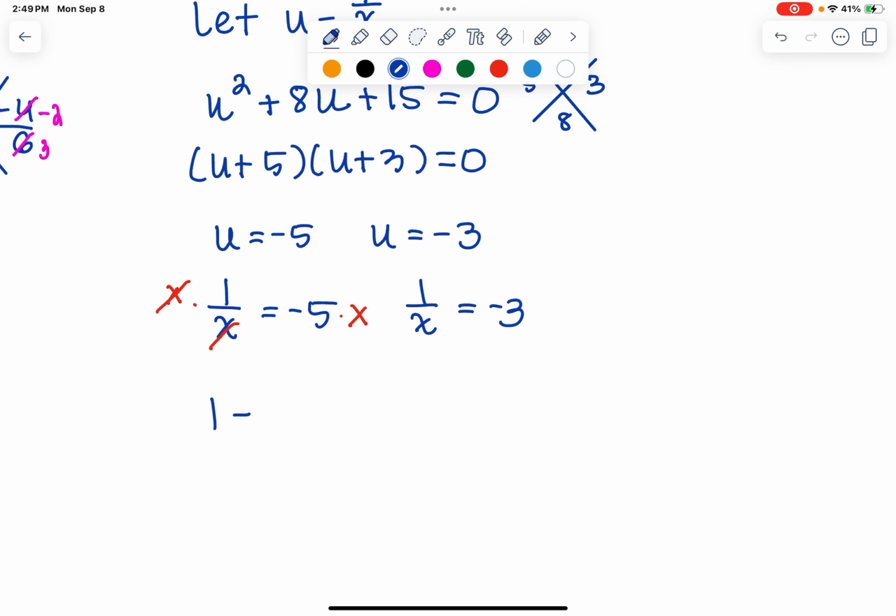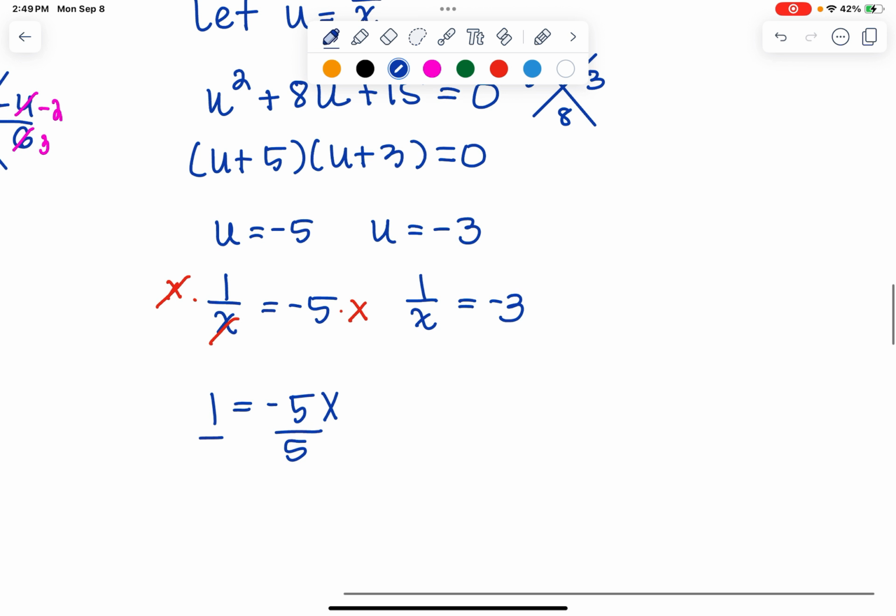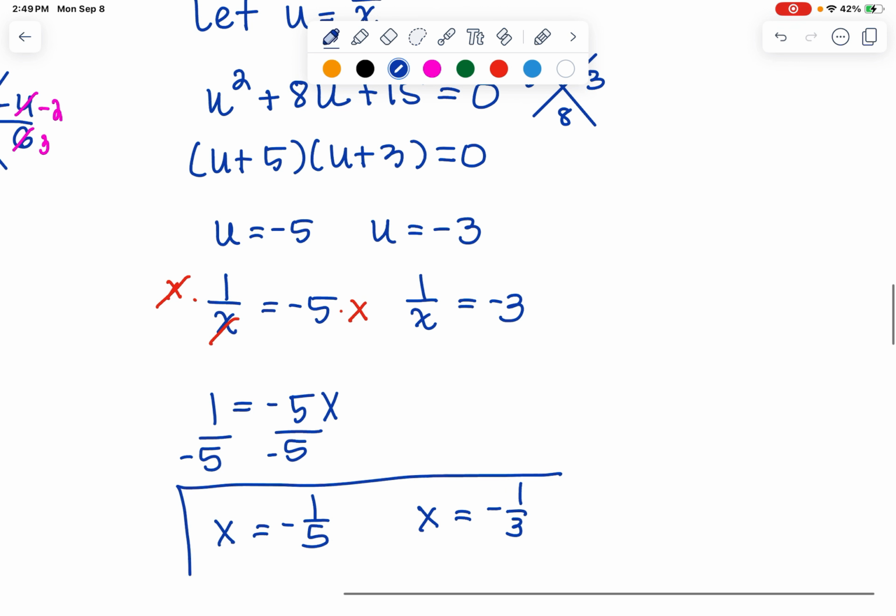And you have 1 equals negative 5x, and then I've got to divide by negative 5 to get x by itself. So x equals negative 1/5. But if you look at that pattern here, that means x is equal to negative 1/3 here. But you could cross multiply. You could multiply both sides by x and then get x by itself.